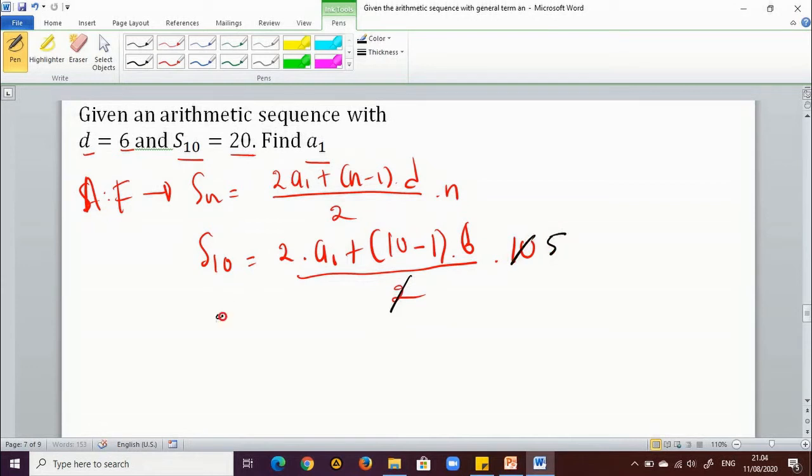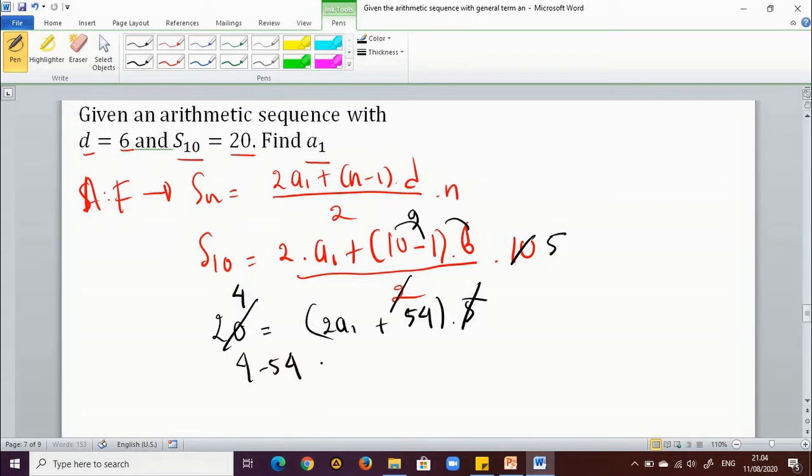So S10 is 20, 2a1 plus 9 times 6 is 54, times 5, but we can cancel 20 and 5 to be 4. So in here 4 minus 54 is equal to 2a1, so minus 50 over 2 is equal, the first term is minus 25, everyone. I hope you understand what I'm explaining.